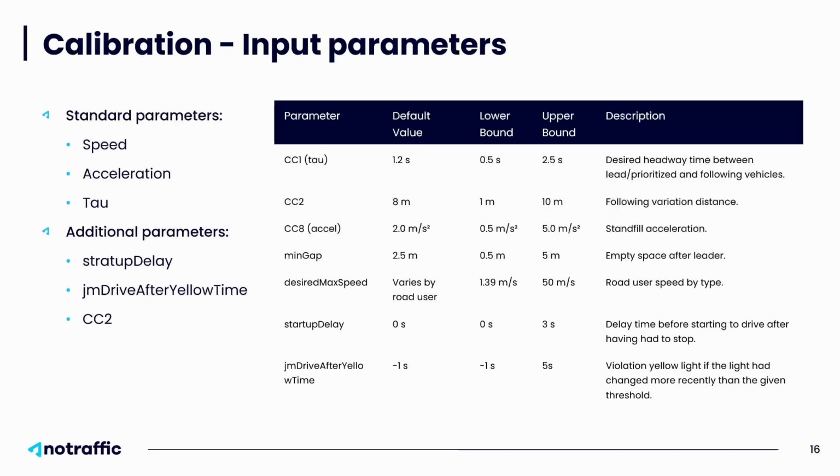Once we tuned it properly, it really improved our simulation. Also the drive-after-yellow time, because there is different driver behavior in different cities. Also something to consider: CC2 is the variation of distance I keep from the car in front of me.